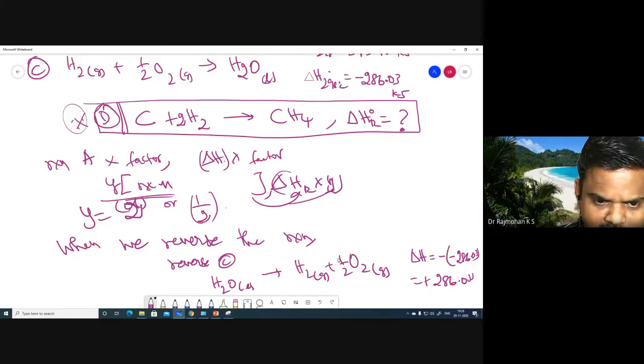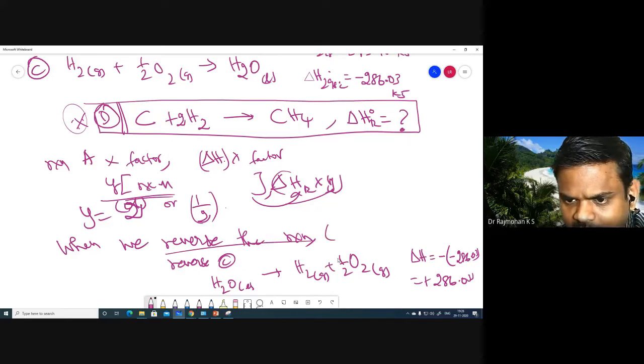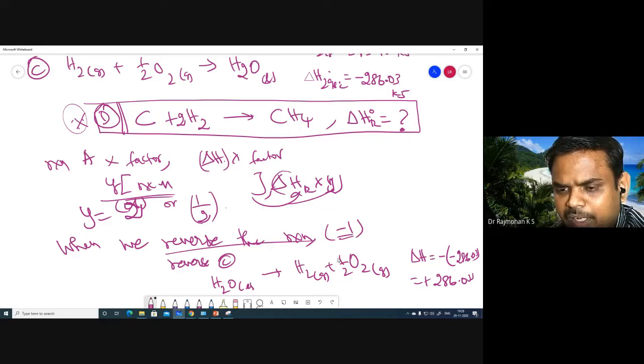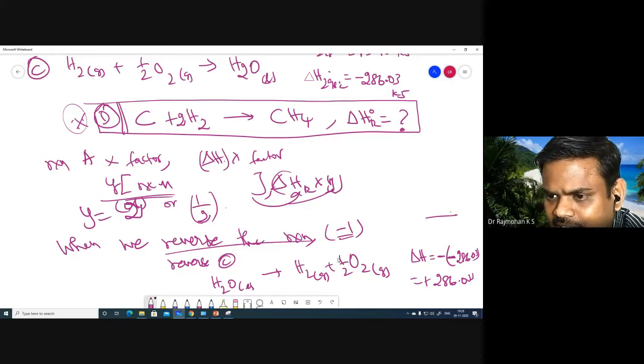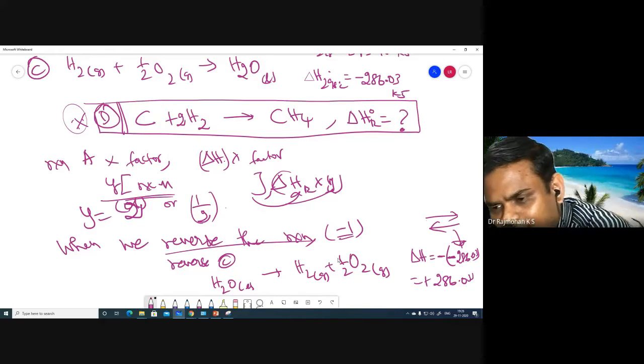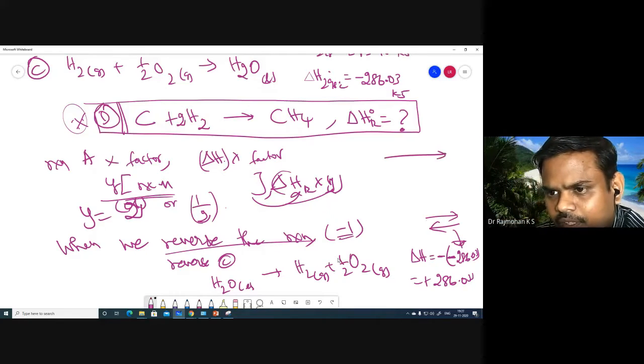That's why I told you initially that when we are reversing the reaction, actually we are just multiplying by -1, so that the reactant becomes product and the product becomes reactant. So we have to reverse the sign also. Whatever is the sign for the forward reaction, when you are reversing the reaction, we have to reverse the delta H. Because if the forward reaction is exothermic, then the reverse reaction will be endothermic.